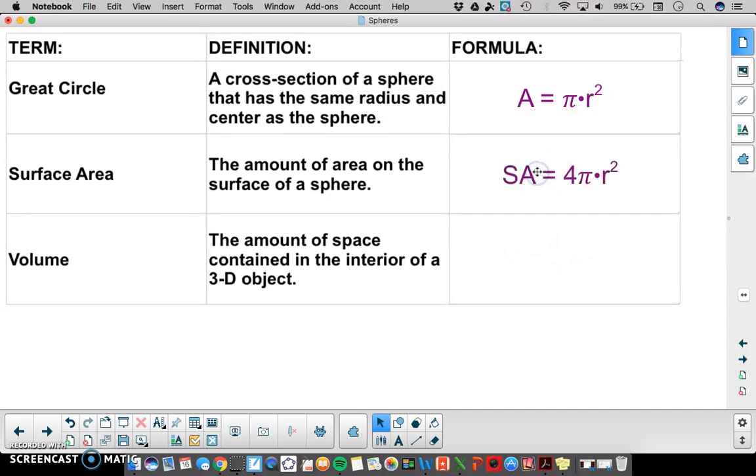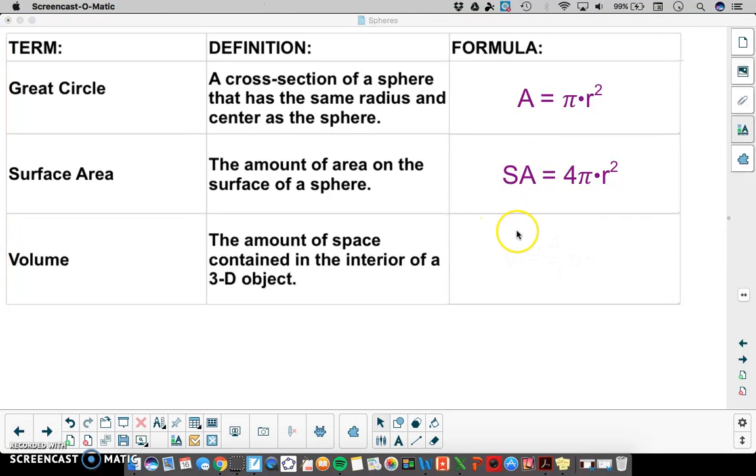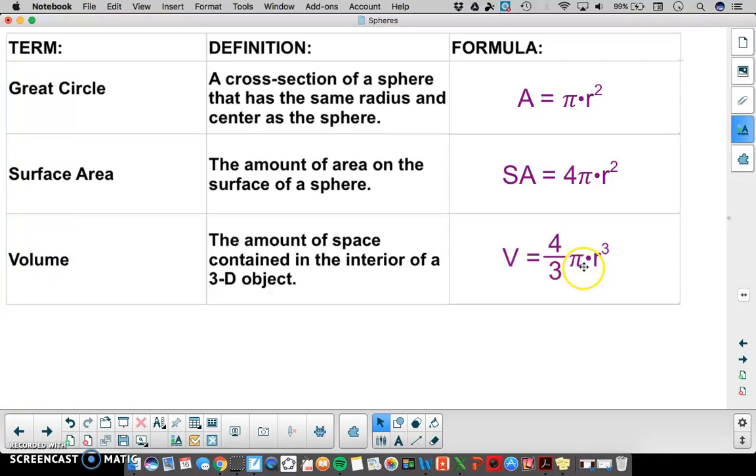We would use 4 times pi times r squared. For the volume of a sphere, it's the amount of space inside that sphere. So if we were to fill it up to the top, it's how much stuff we could fit inside of it. To find the volume of a sphere, it's going to be 4/3 pi r cubed. So this will be the formula for volume.